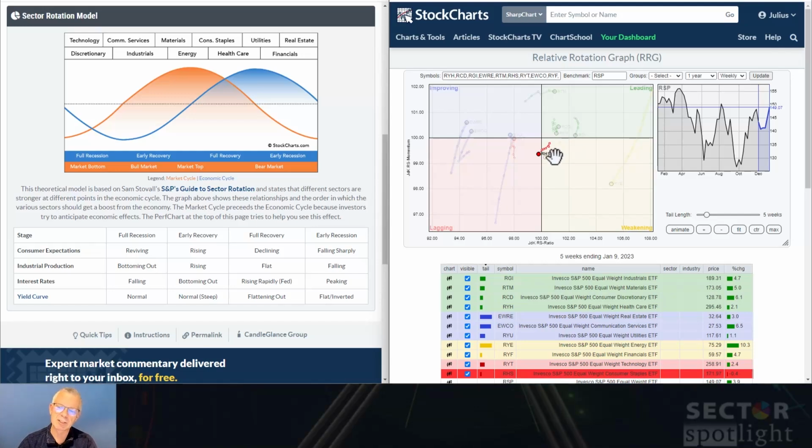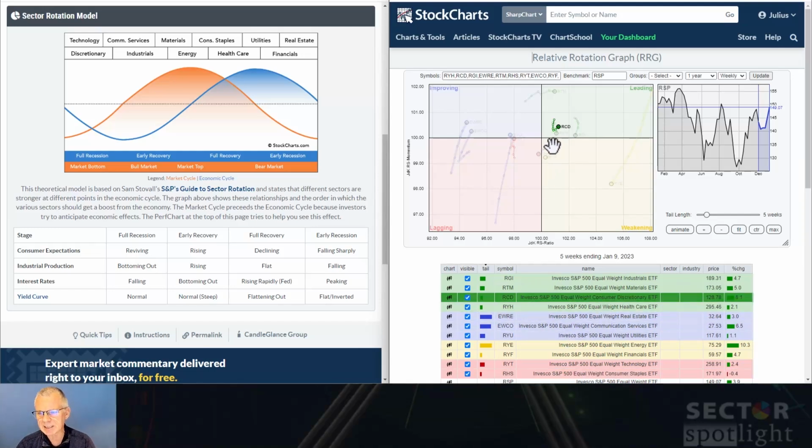So you've got staples moving at a negative heading into the lagging quadrant, and we've got consumer discretionary already inside leading and picking up a better angle, a better RRG heading again. So if you watch consumer discretionary versus consumer staples as a sort of risk on, risk off indicator, that is now definitely starting to shift back to a risk on signal again.